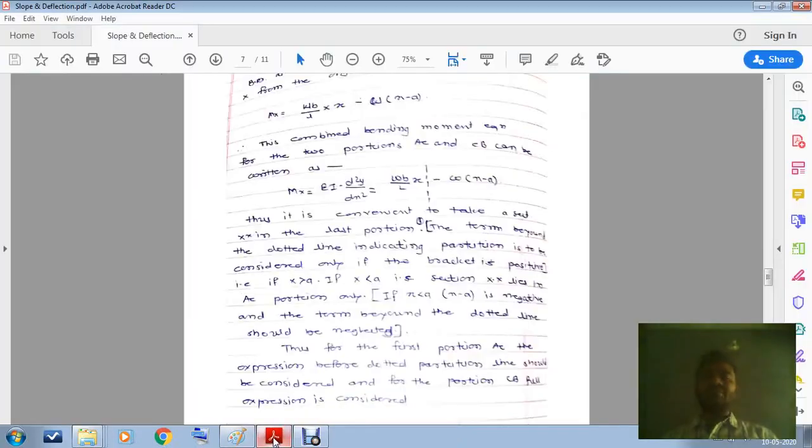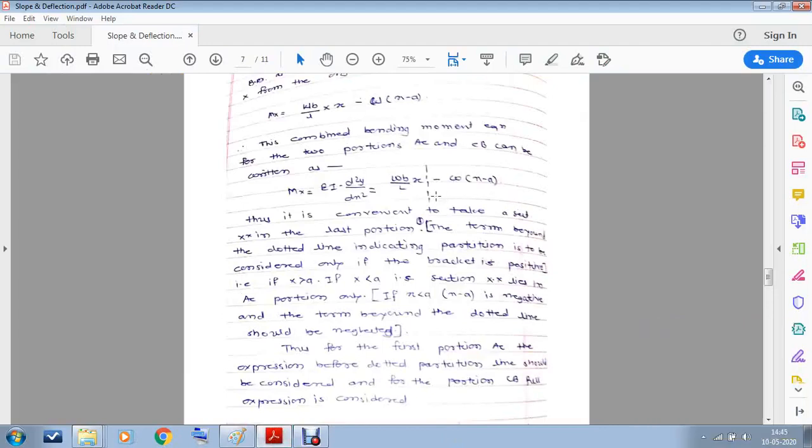That is the equation we get from the second integration.